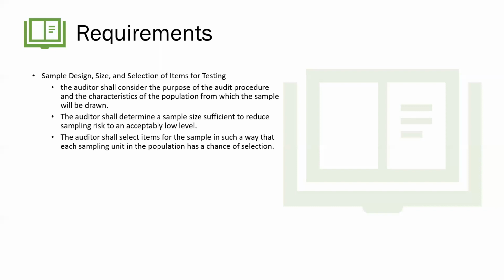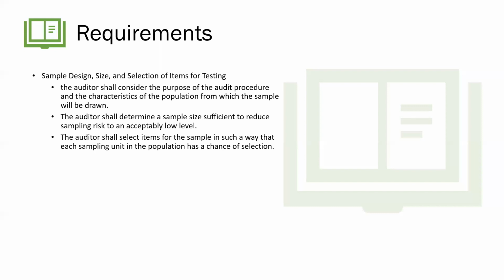So to reduce the sampling risk, you want to make sure that your sample size is sufficient. If your sample size is too low, it increases your sampling risk. If your sample size is high, it reduces your sampling risk. So the higher the sample size, the lower the sampling risk.